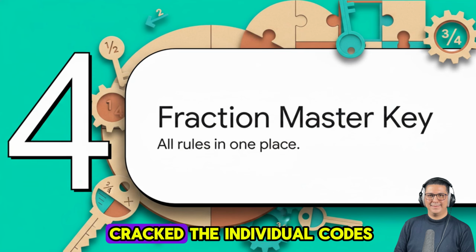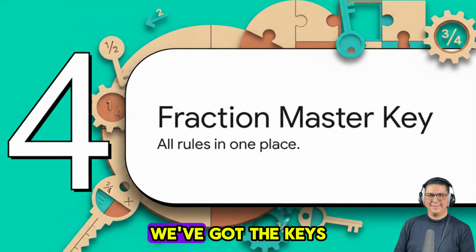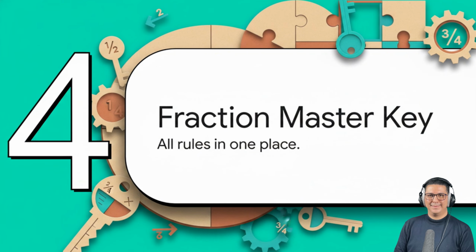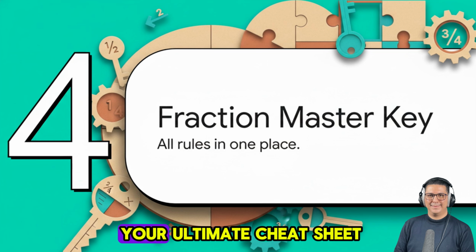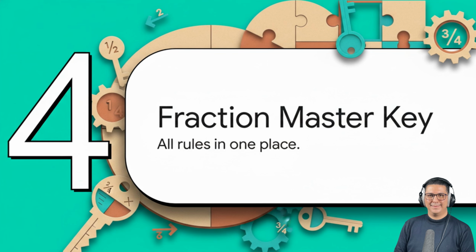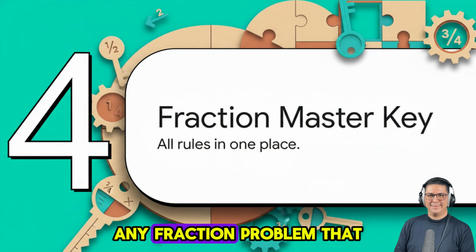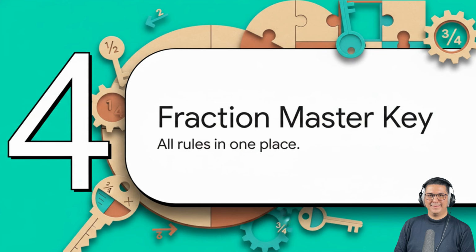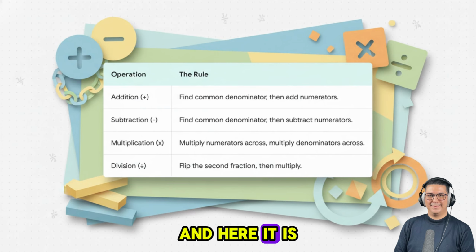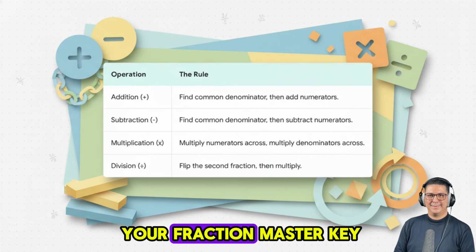So, we've cracked the individual codes. We've got the keys. Now it's time to put them all on one keychain. This next slide is your ultimate cheat sheet. This is the master key that's going to unlock any fraction problem that comes your way. And here it is, your fraction master key.